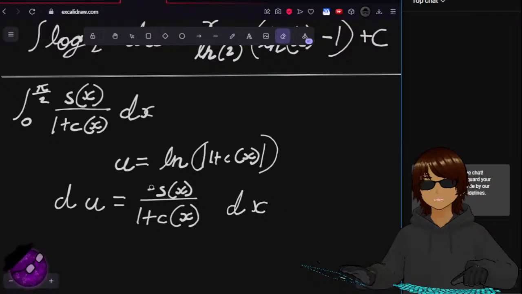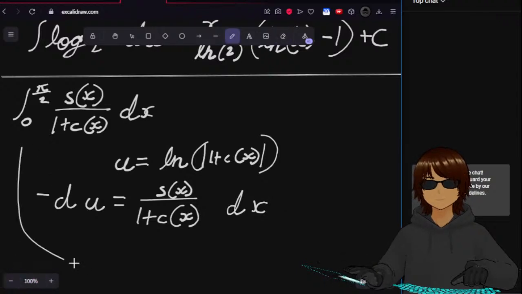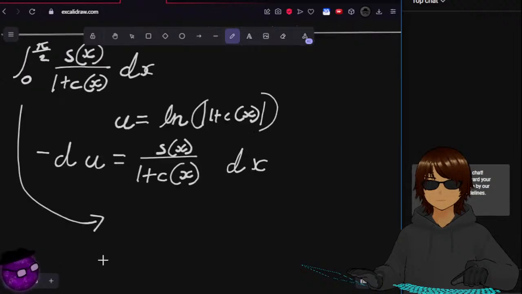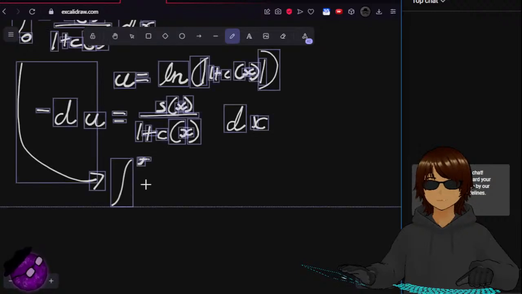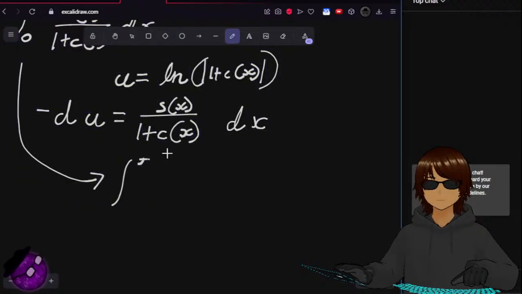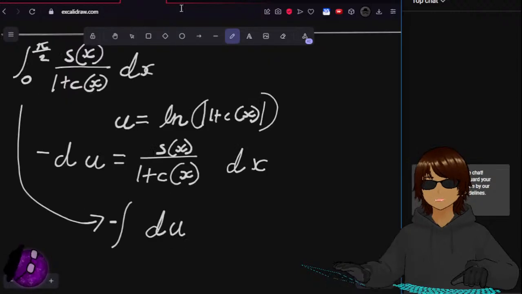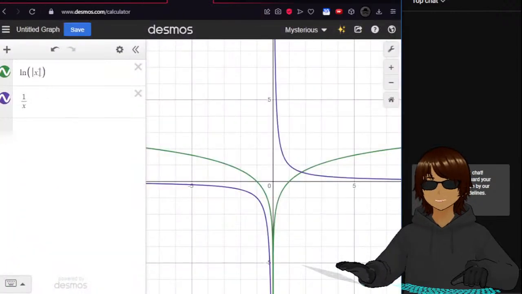Then I can bring the minus to the other side. Not pi over 2, whoops. Minus du.